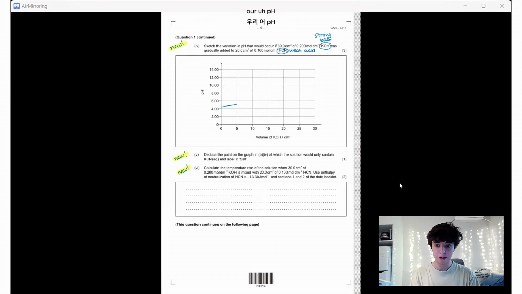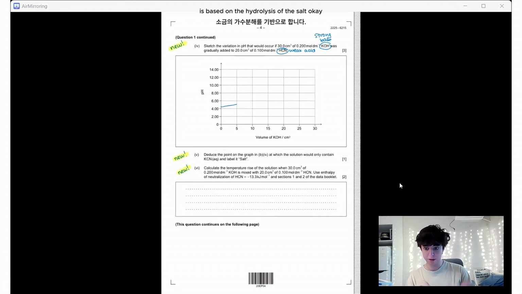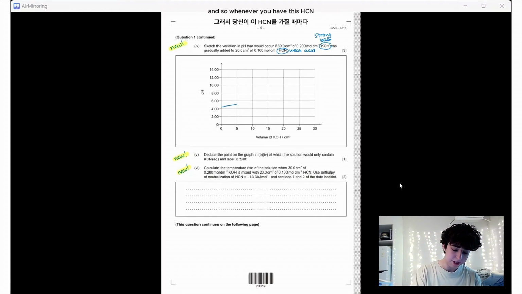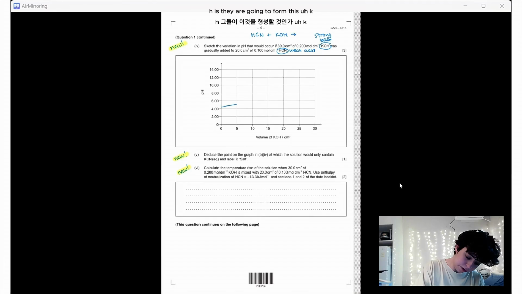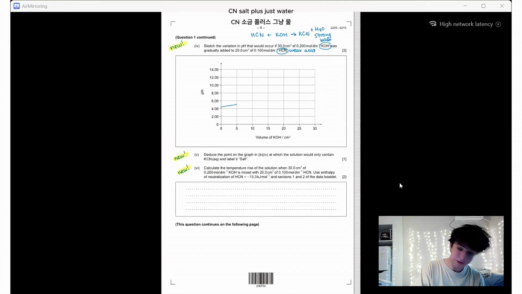However, our pH, we know from the combination of strong base and weak acid, is that the pH at the equivalence point is based on the hydrolysis of the salt. Whenever you have this HCN reacting with this KOH, they are going to form this KCN salt plus just water.